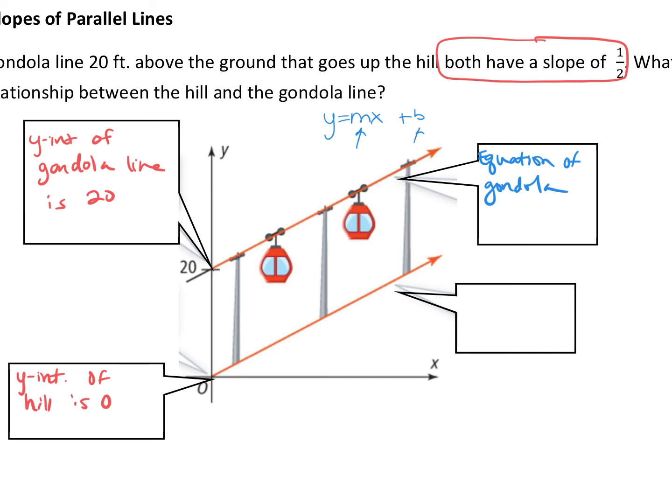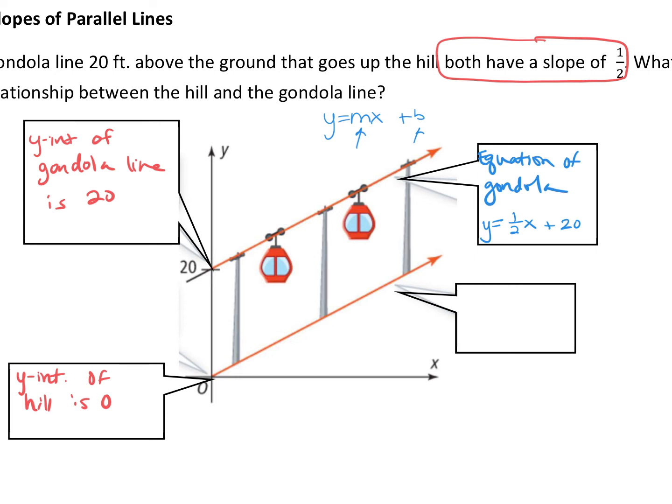We know the slope of both lines is 1/2, and right now we're focusing on the gondola line. It has a y-intercept of 20. So all we do is plug in those values. y equals our slope of 1/2 times x plus the y-intercept of 20.